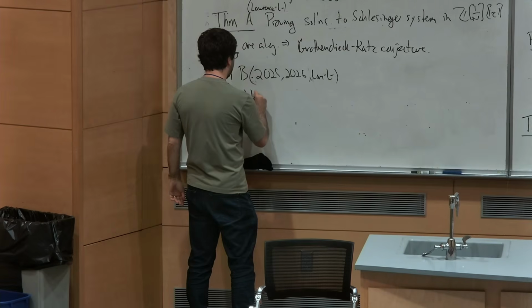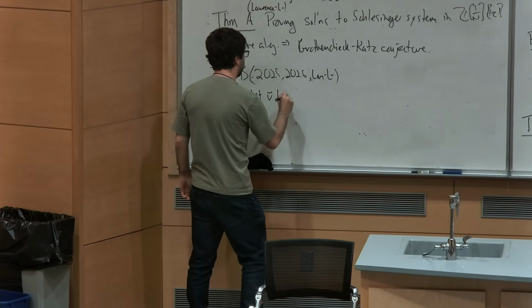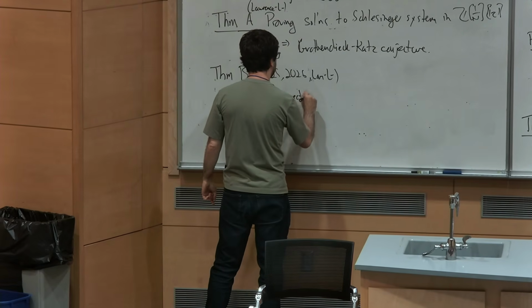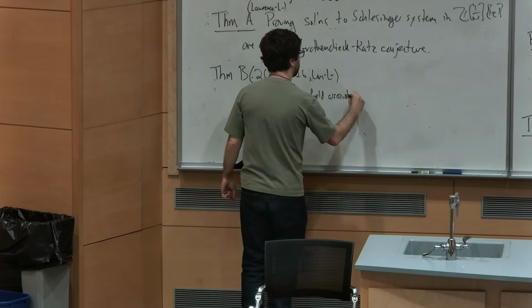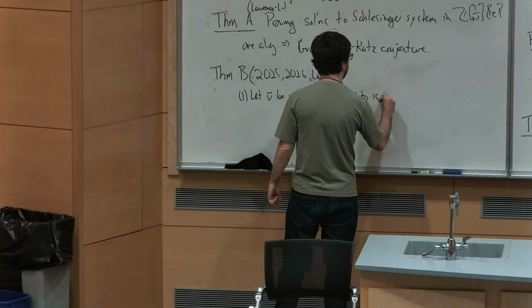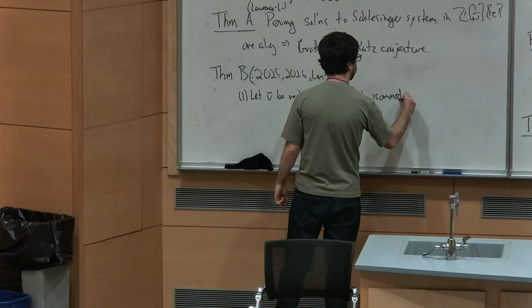So let V be the vector field attached to an isomonodromy ODE. So for example, the Schlesinger system.